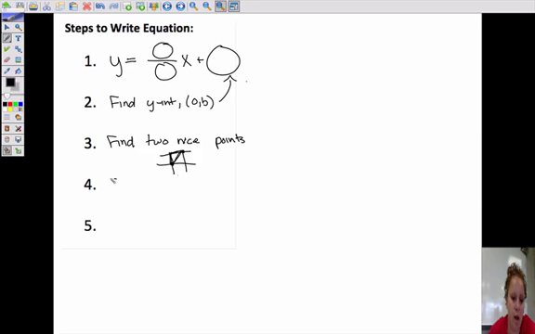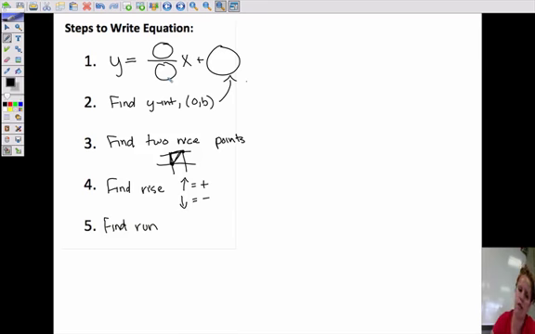From there we'll find the rise, and we'll plug it in. Remember to write this down: up will equal positive, down will be negative. So the rise will either be positive or negative. Then we will find the run, and that will always be positive. And we'll plug those 3 things in: the y-intercept, the rise, and the run.